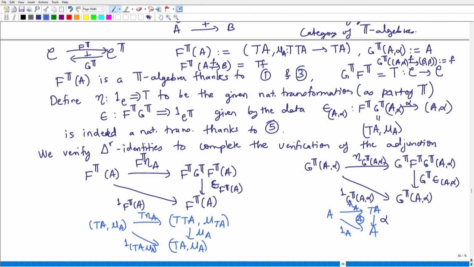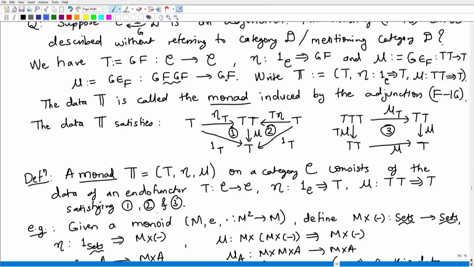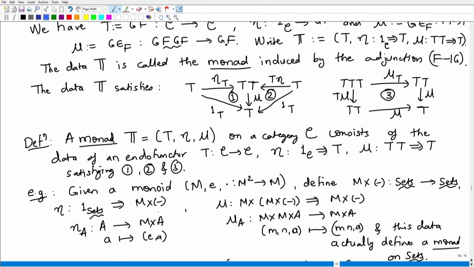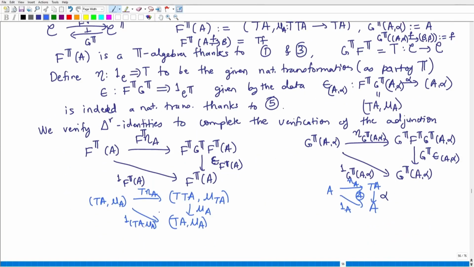This is nothing but just diagram 2, Tη_A. Please look at diagram 2. Yeah, that's precisely what we are writing, at object A. So we verify these triangular identities.